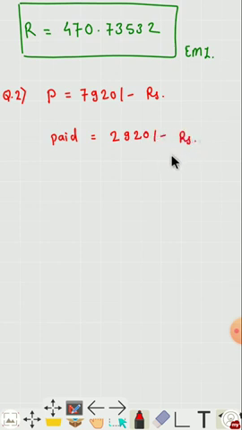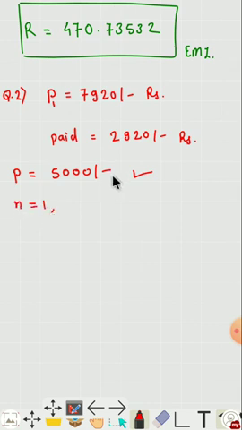Okay, so now our P will be 5,000 rupees. The balance was to be paid within 1 year in equated monthly installments, so N will be 1 year.